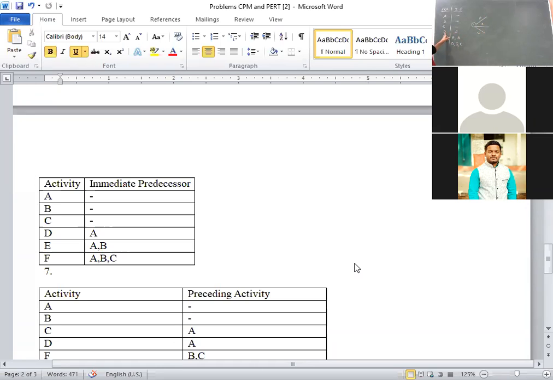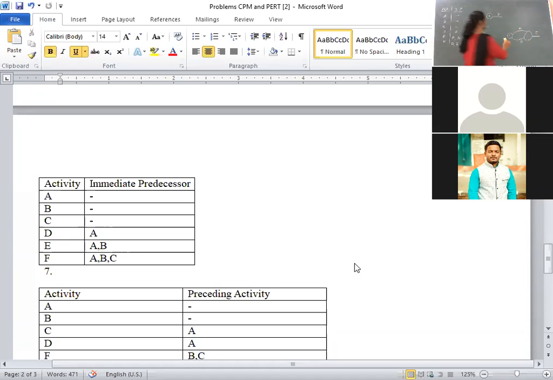A is completed, then B. This doesn't have any problem, right? Here, A and B completed, then E. See here, we should not draw like this. A and B is completed, then E. We cannot draw this because two activities starting at the same node and ending at the same node. This is not possible in network diagram.